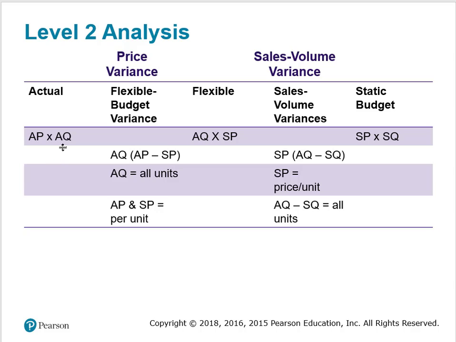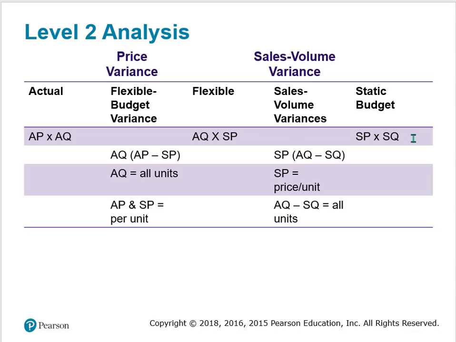Then take the actual quantity and repeat it over there for flexible. Flexible is actual quantity times the standard price. That's our flexible budget. So actual is actual quantity, actual price. Flexible is the actual quantity times the standard price. And then the far right side, the static budget, is standard price, standard quantity.